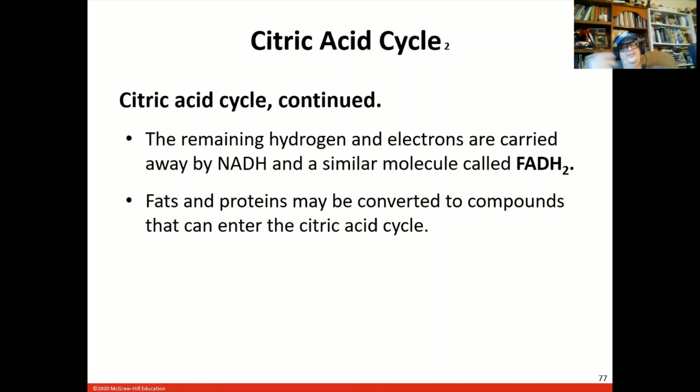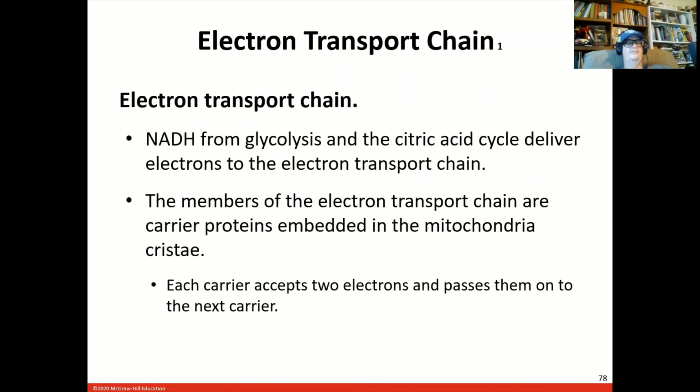So fats, energy storage, all true. We break down the fats and use them to make energy-rich molecules so we can finish and go through the electron transport chain and pump hydrogens just like normal, which power ATP synthase just like normal, which gives us ATP, and then yay, we're still alive.